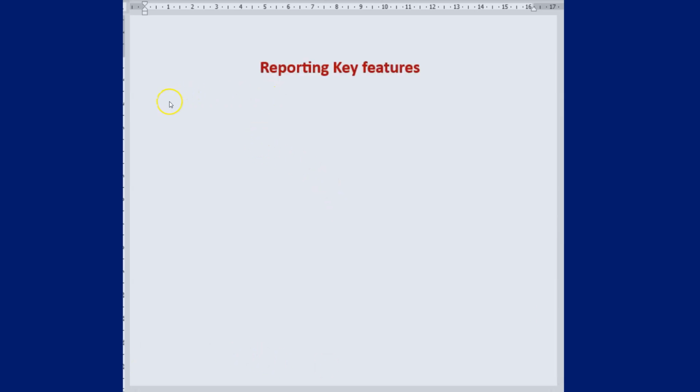Now let's look at what is expected of us when we are to report the key features. Now, in your IELTS Academic Writing Task 1 response, you must present the key features and use data to support your description. Take note, you present the key features and you use data to support your description.